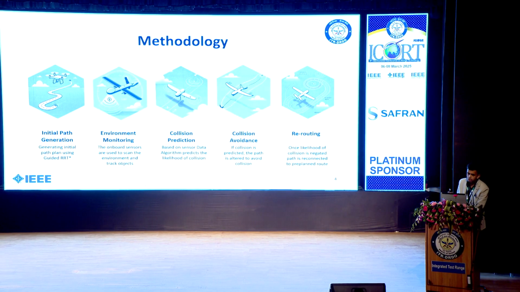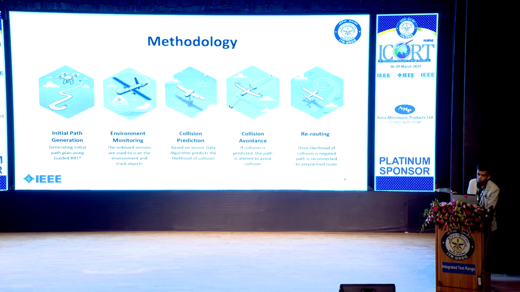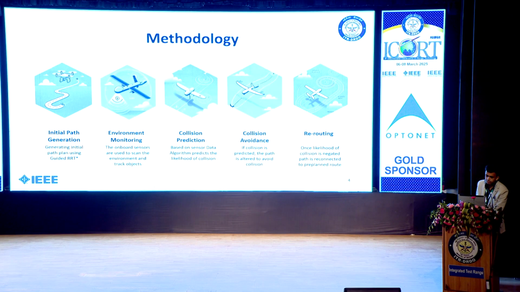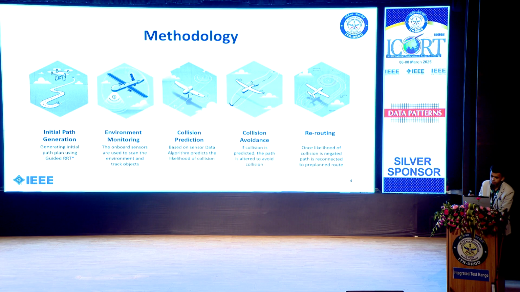If there is some obstacle moving in the course of the flight and a collision is predicted, the avoidance algorithm is triggered and we divert our path. Once the obstacle is avoided we come back to the original path and resume following the planned path.